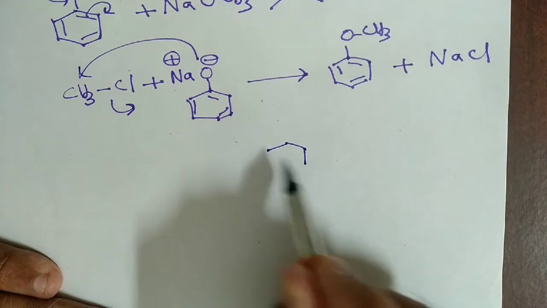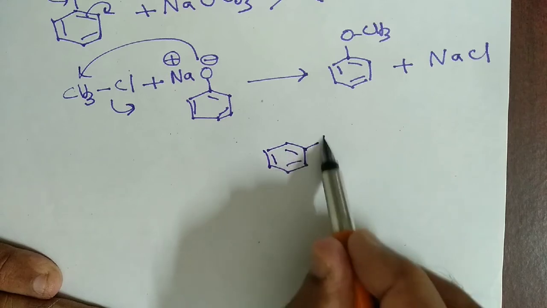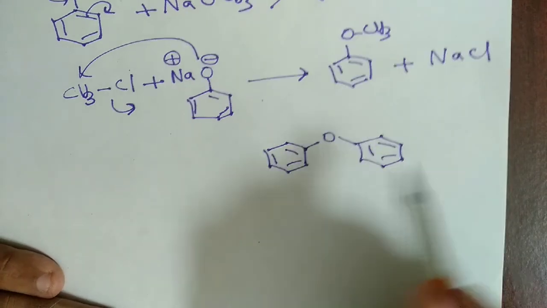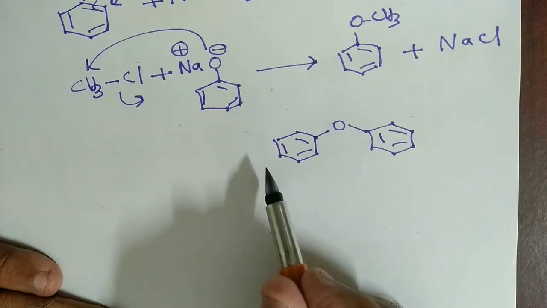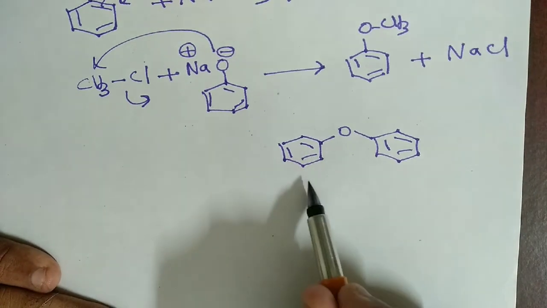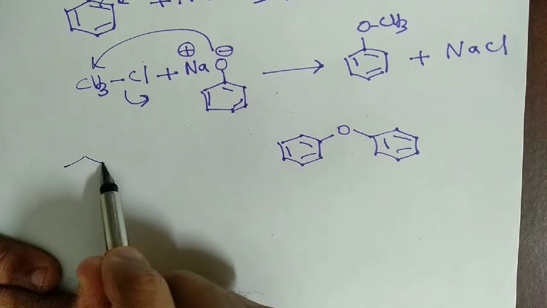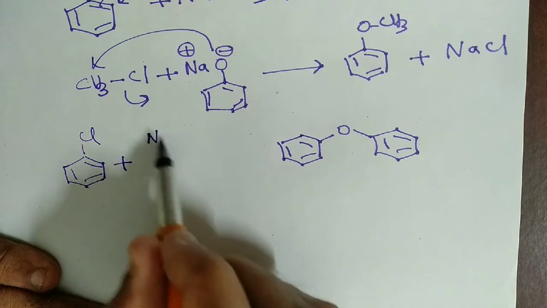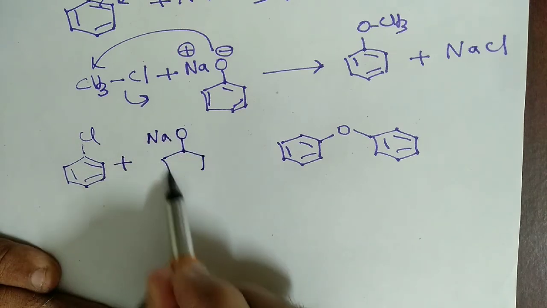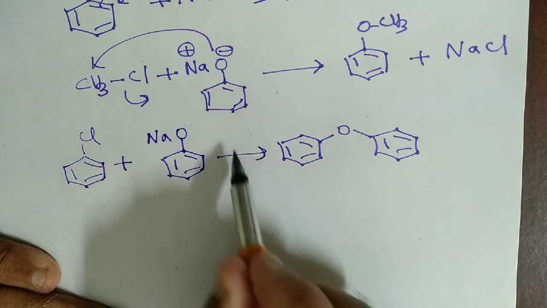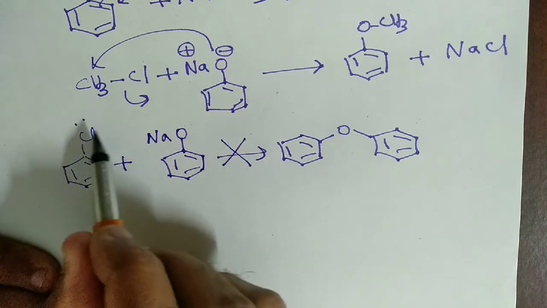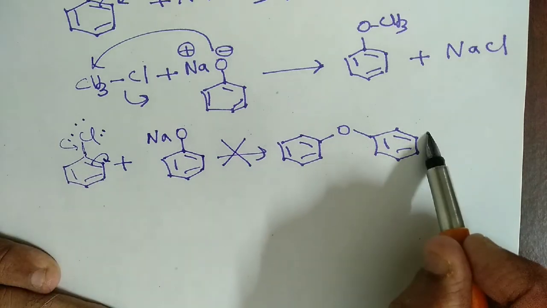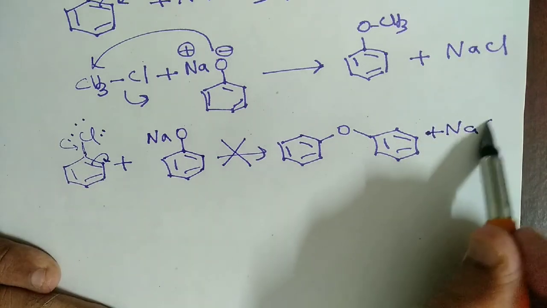Ethers like diphenyl ether cannot be prepared by Williamson's synthesis. In order to prepare diphenyl ether, chlorobenzene and sodium phenoxide should be taken. This reaction will not take place due to the partial double bond character of the carbon-chlorine bond.